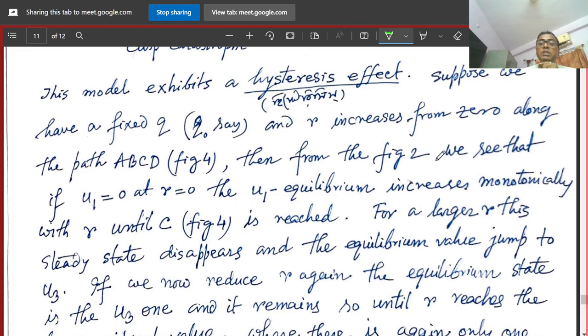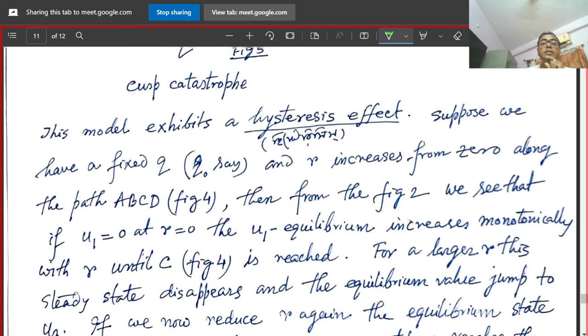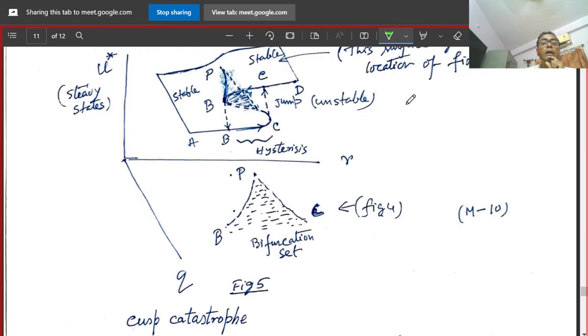From this figure, if u1 equals 0 at R equal to 0, the u1 equilibrium increases monotonically with R until C is reached.